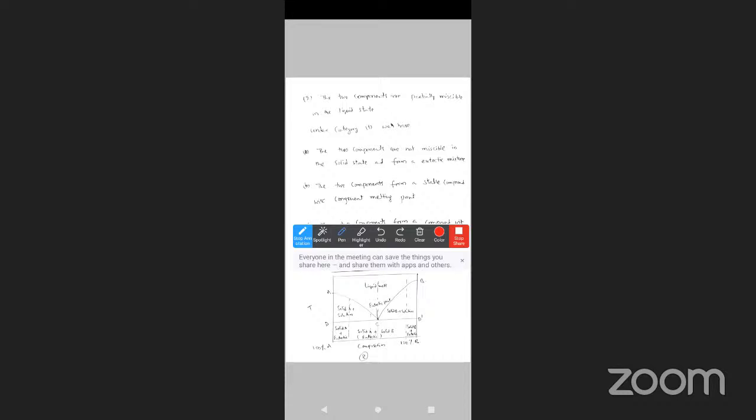So in this area, solid A and solution exist. And in this area, below the BC curve, solid B and solution exist. And this area, ACB, consists of liquid melt or liquid solution. And point C is called the eutectic point.